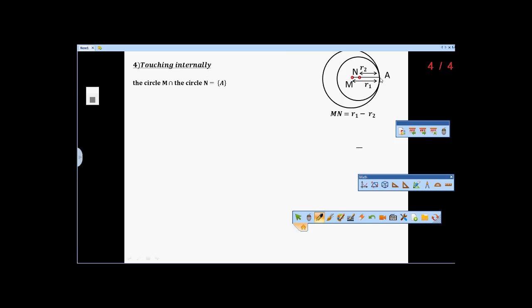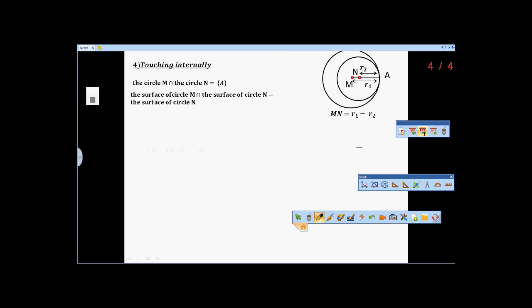Set of A. But what is the intersection between surface of circle M and surface of circle N? I find this part, all of this part. It means circle N, like this. It will be equal surface of circle N, all of circle N.